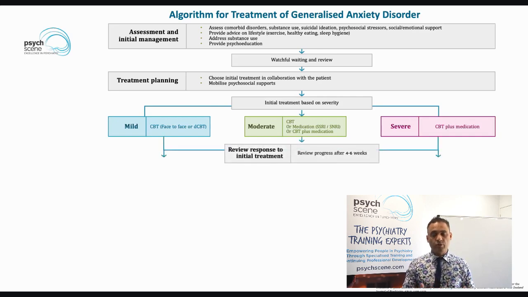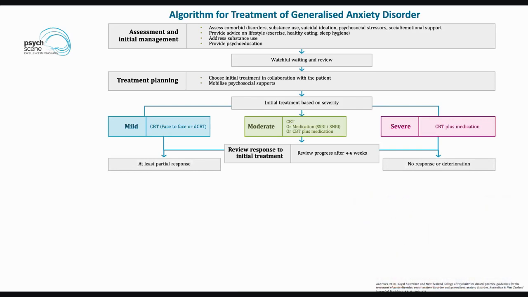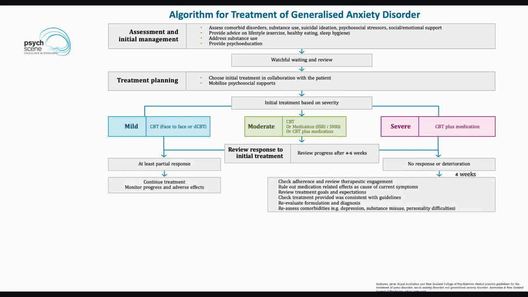After that, review the response to treatment, and generally you're taking about 4 to 6 weeks to evaluate that particular response. Now, if we look on the left-hand side, if there's partial response or no response, then what we're looking at is the following steps over a period of, say, 4 weeks. Ensure that there is adherence to treatment, that they're taking the medication as prescribed with regularity.